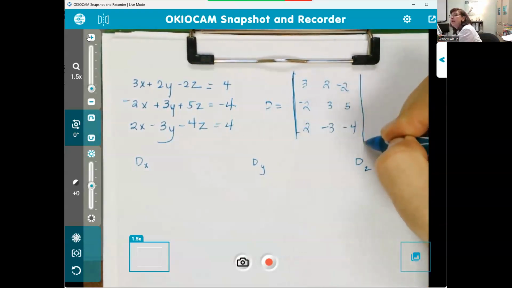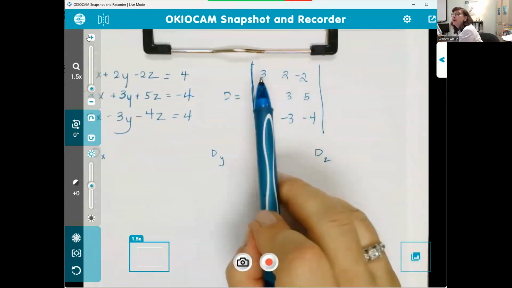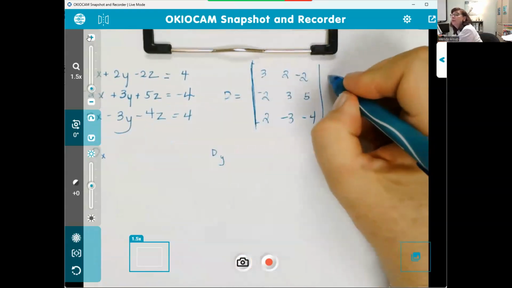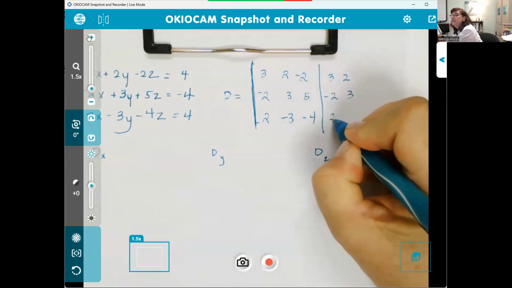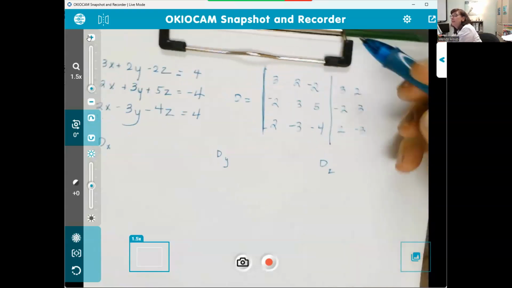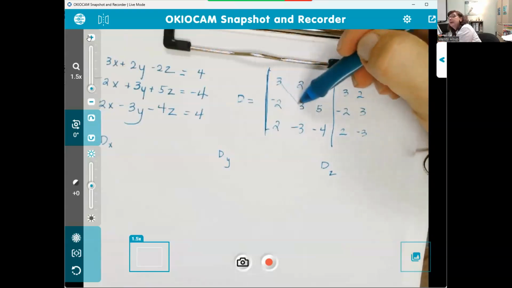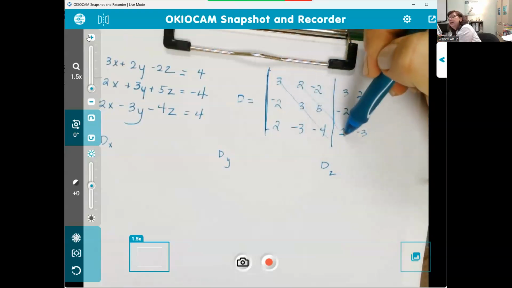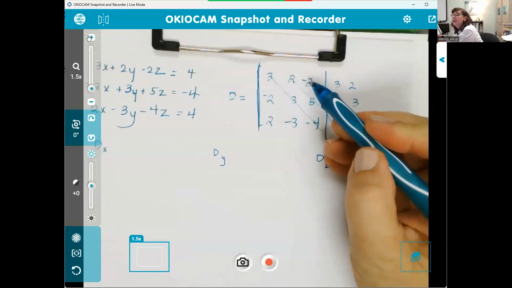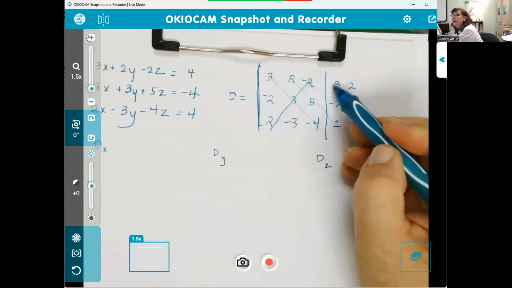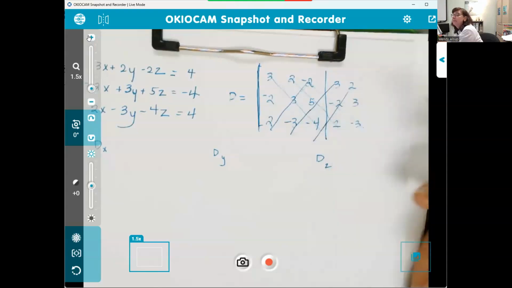Okay. Remember how we do that? Then we're going to write these 2, 3, 2, -2, 3, 2, -3. And then we're going to do this thing down that way, down that way, down that way. And then we're going to subtract down that way, down that way, and down that.